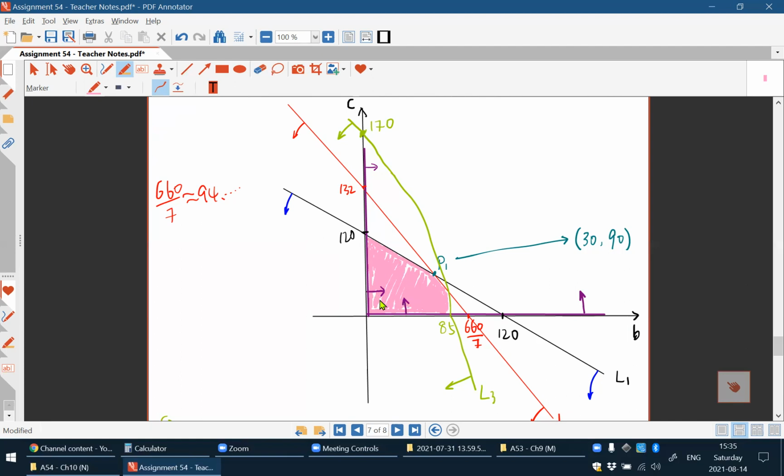So how many vertices are there? We already know that one of the vertices is P1. And there is another one called P2 here, right? Let's call this P2.